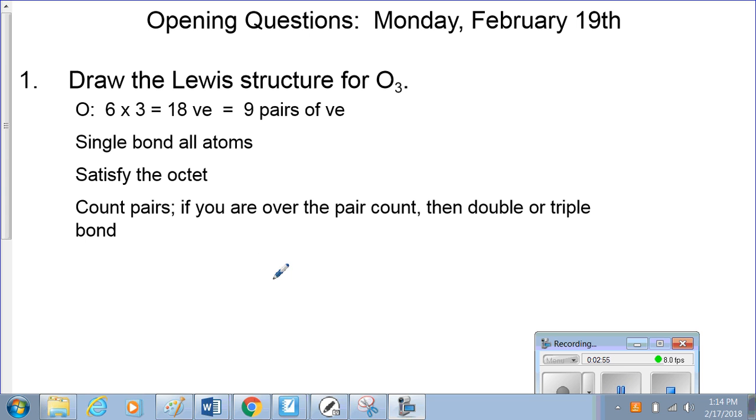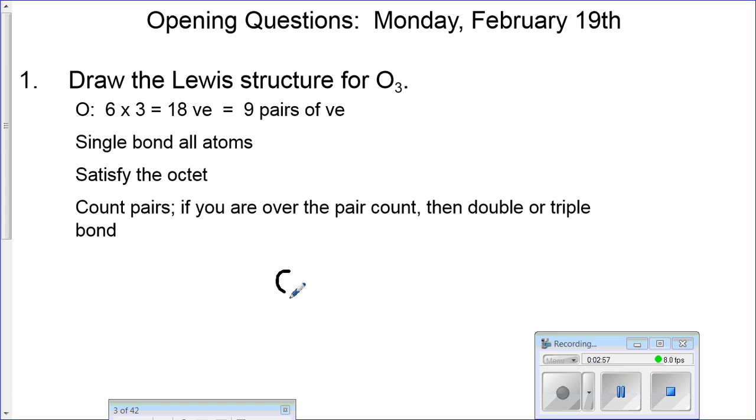Okay, so here's how we're going to do that. I'm going to draw my 3 oxygen atoms. I'm going to single bond, and I'm going to satisfy the octet. Right now, each of these single lines represents 2 electrons, or 1 pair of electrons.